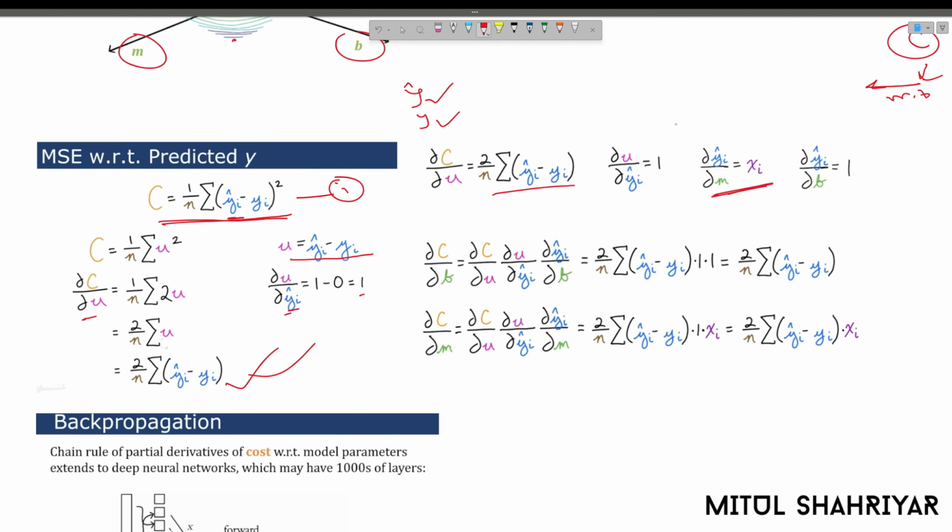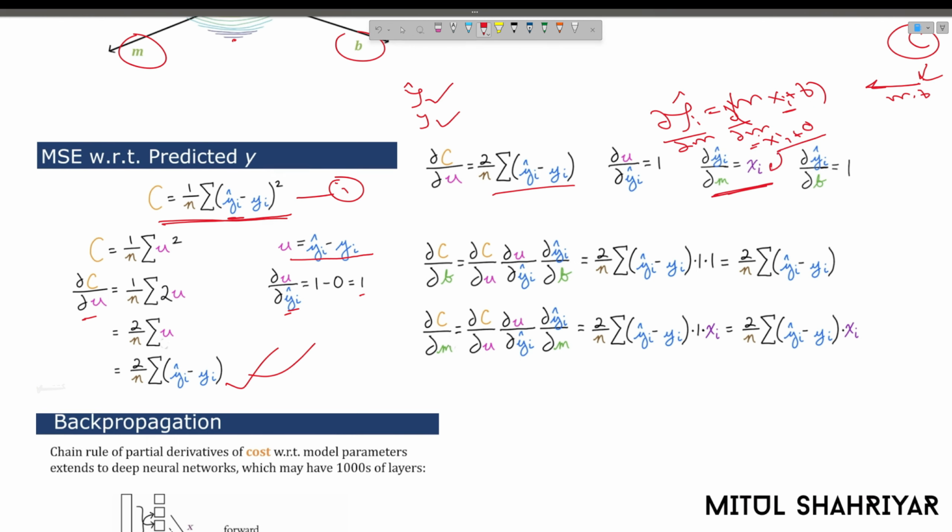How? We know y equal to what? mx plus b, I believe they have used. So for yi, it should be m xi plus b. If you just do that, you can easily see dy by dm. Here m is considered as the variable and xi is a constant, so it should be xi, and for the b part it will be 0.